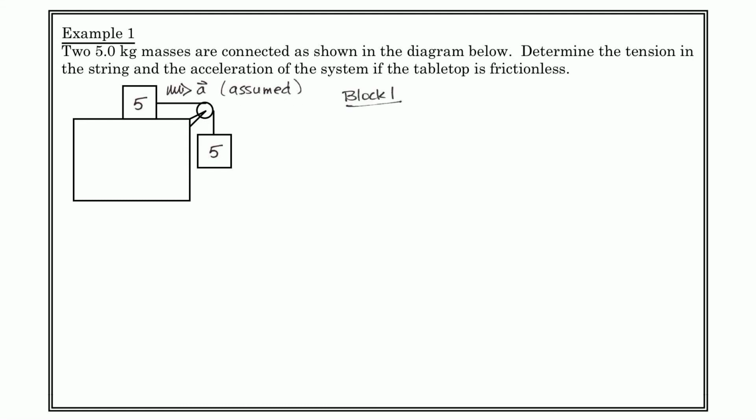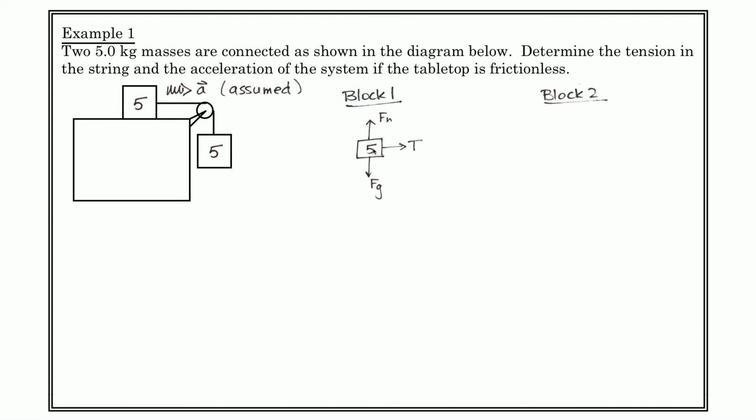So let's look at block 1 and block 2 in turn, and we're going to draw some free body diagrams. Here is block 1, that's sitting on top of the table.